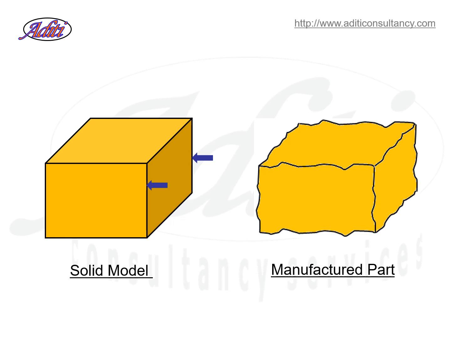Now in the part, if you measure the parallelism between two opposing surfaces, there will be error. Apart from that, in the model you take any surface, there are 4 adjacent surfaces which are supposed to be perpendicular with respect to that surface. Now if you take the part and measure the perpendicularity between any adjacent surfaces, that angle is supposed to be 90 degree, but it will not be there.